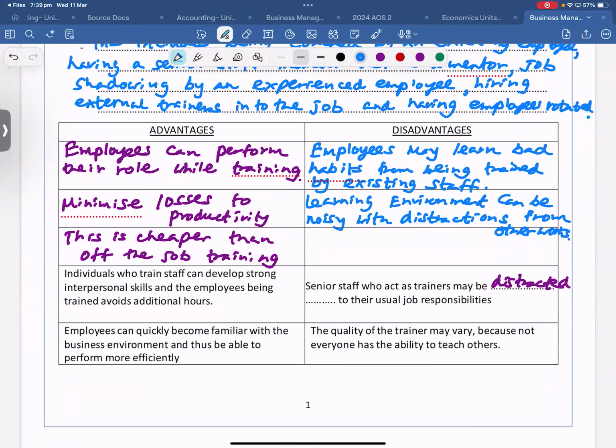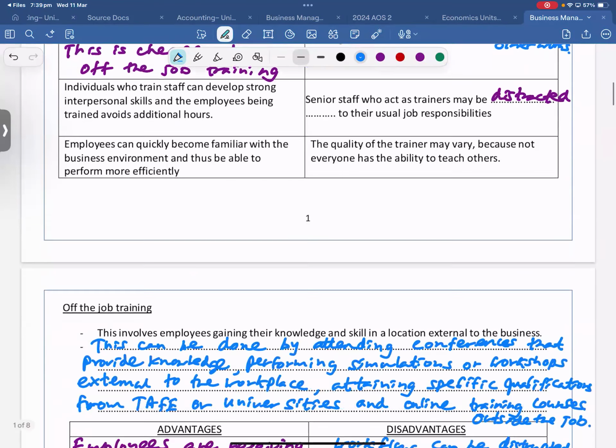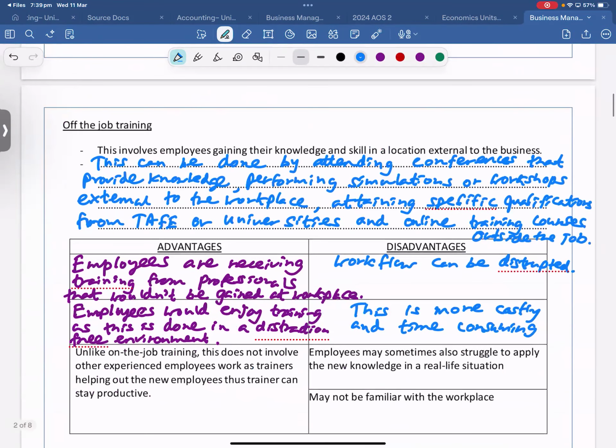So the benefits, of course, now there is an easy method to do. Now see, benefits of the on the job will become costs or the disadvantages of the off the job. For example, advantages will be, yes, they are performing their job while training.